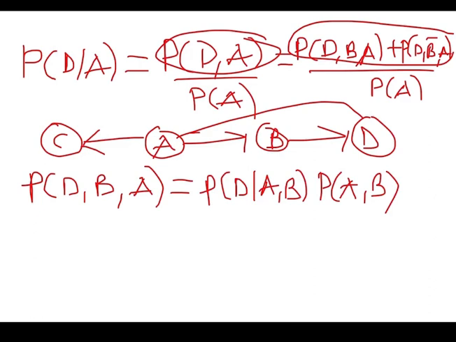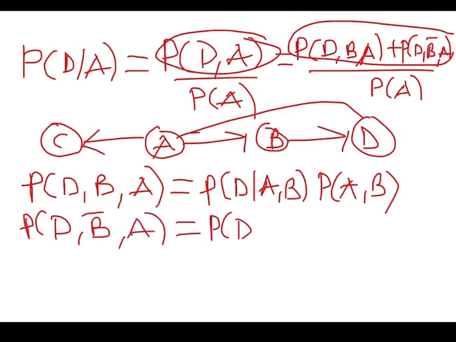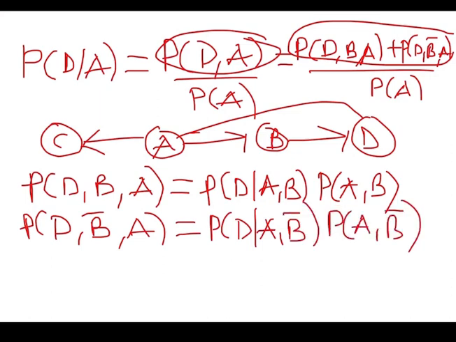Similarly, the one for B bar is also going to be this one. Any question? The two are more or less the same, except B in one and B complement in the other.